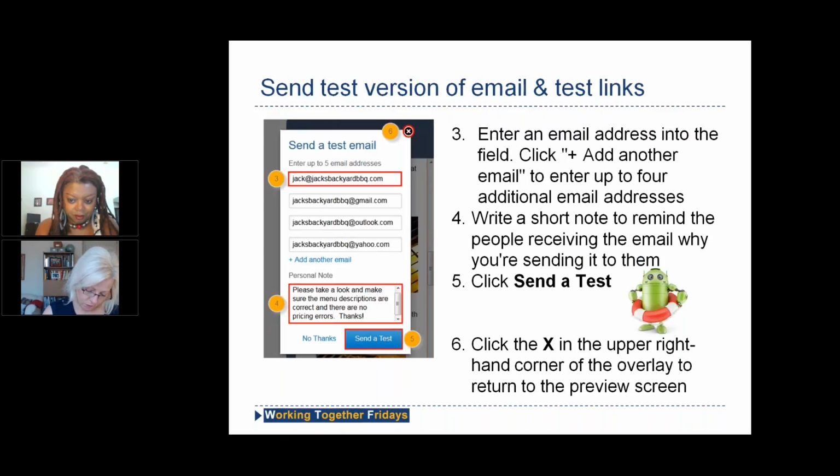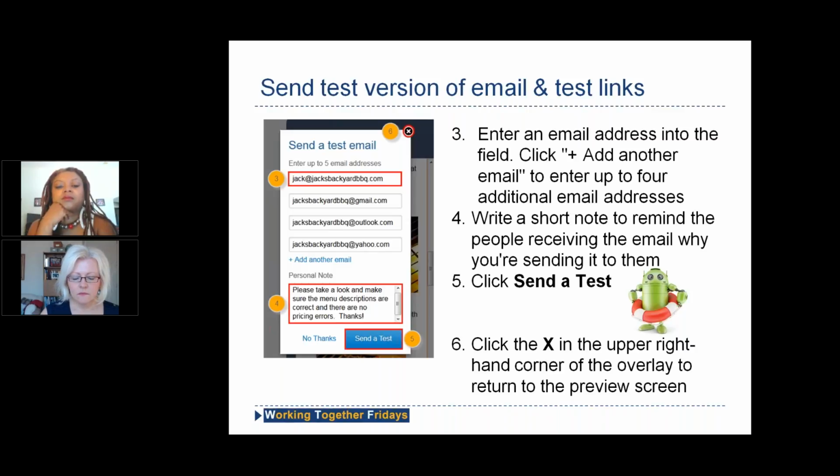Now, this window will pop up when you click Send Test Email. And it's going to give you the option of entering 5 email addresses to send to. You can send to 1 or up to 5. So that's the first thing you're going to do.